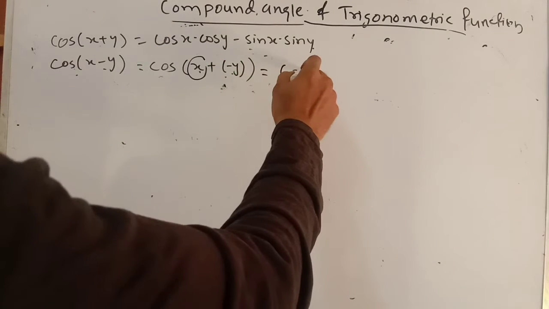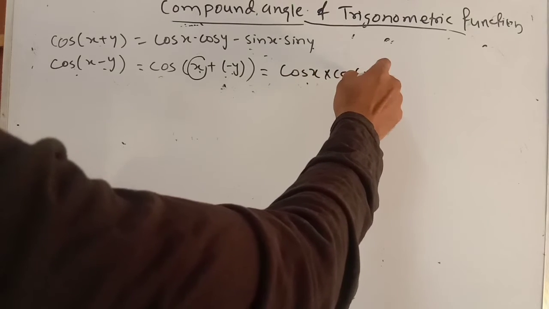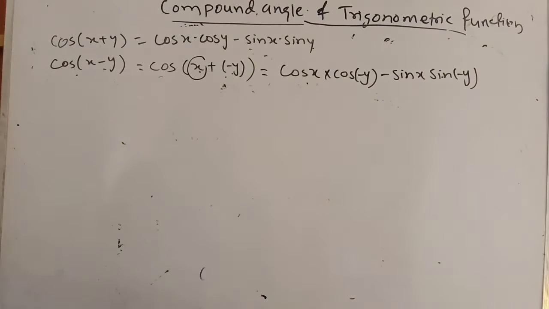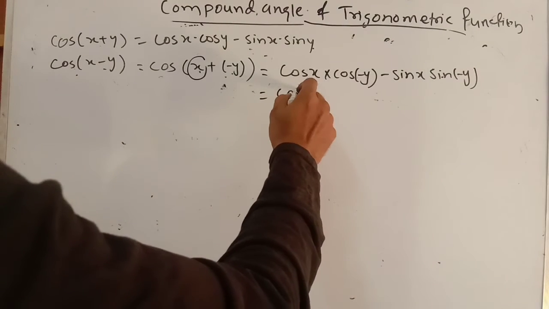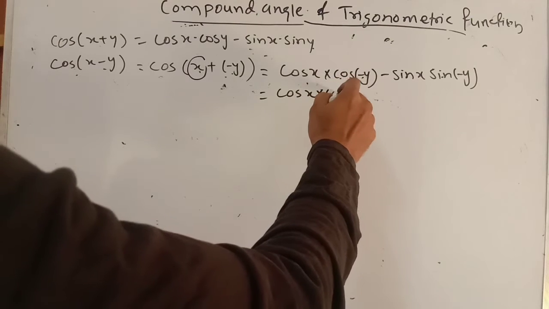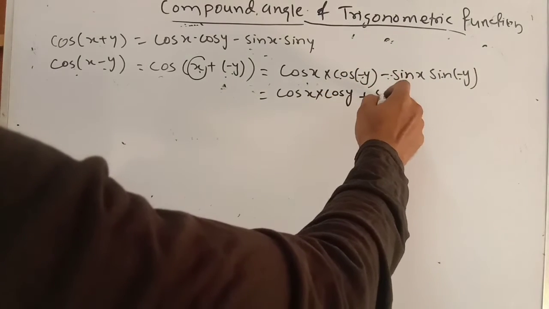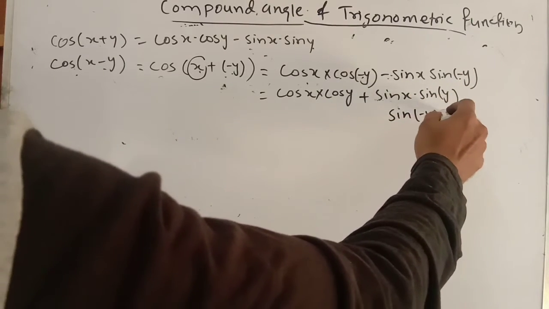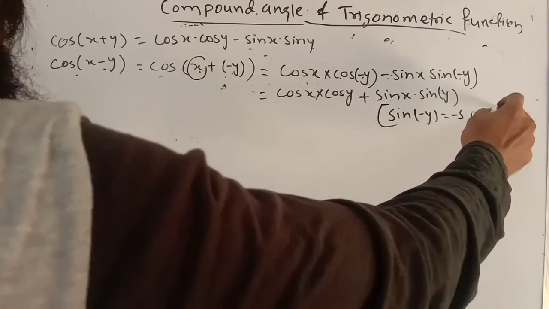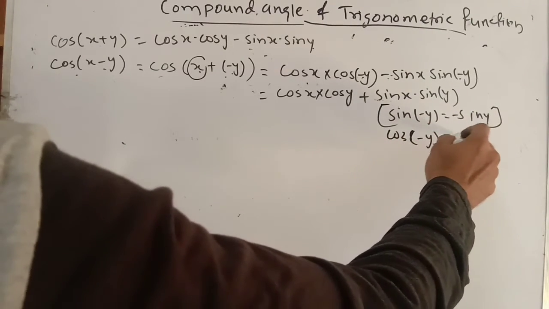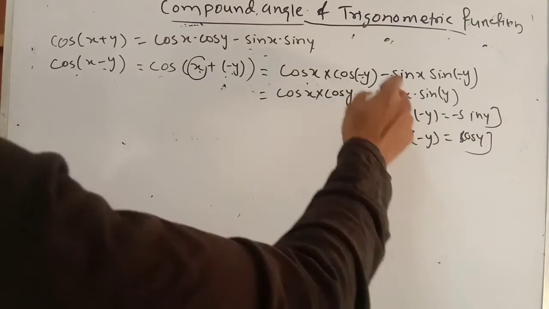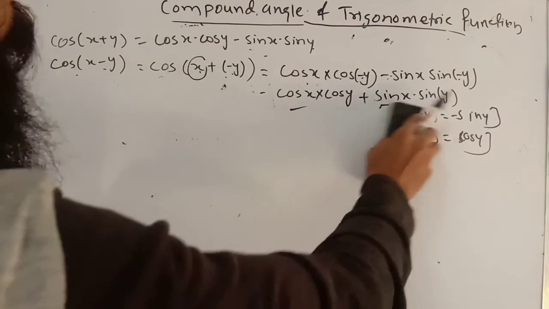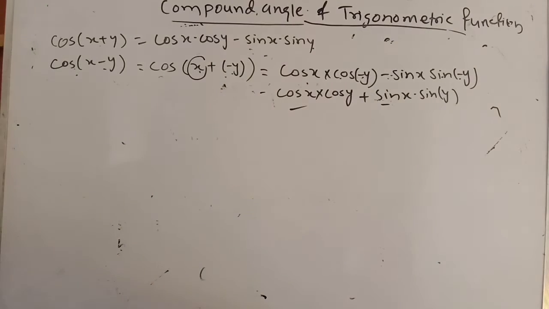So put it here: cos x cos(minus y) minus sin x sin(minus y). We already said sin(minus theta) equals minus sin theta, and cos(minus theta) equals cos theta, so minus minus becomes plus, giving cos x cos y plus sin x sin y. So cos(x minus y) will become this.